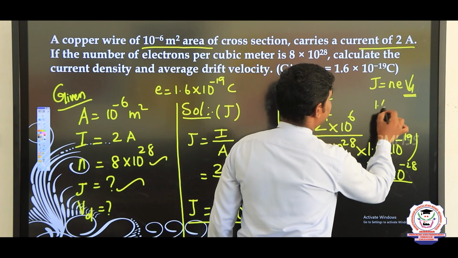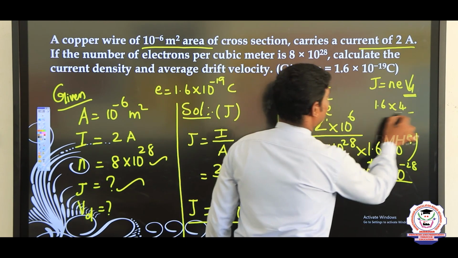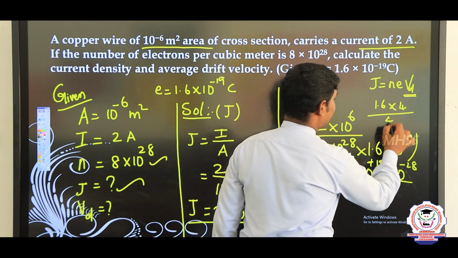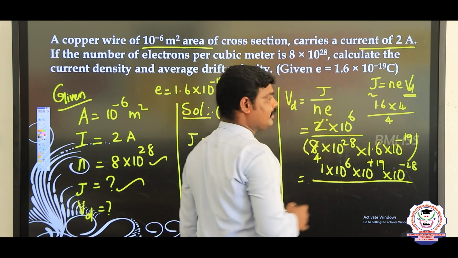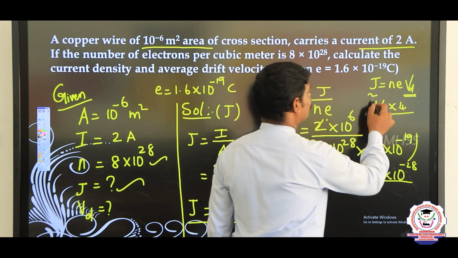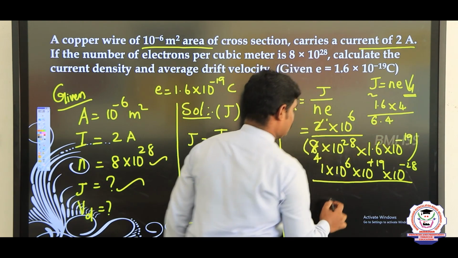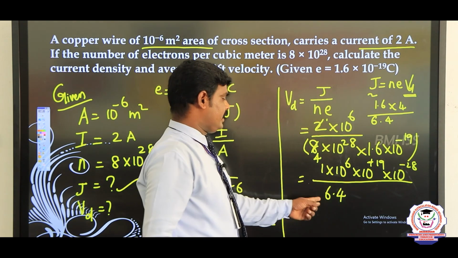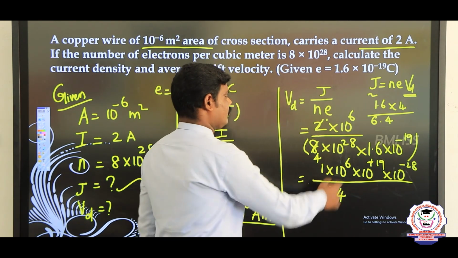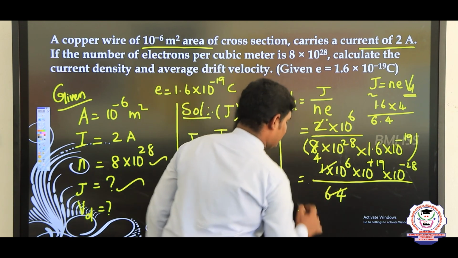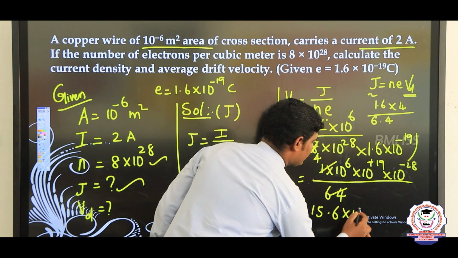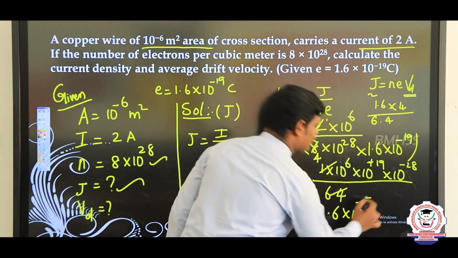So 1.6 into 4, how much? 6 4s are 24, here 2 is remaining. 4 1s are 4 plus 2, 6.4. So 1 divided by 6.4, when these cancel each other, we get 15.6 into 10 to the power minus 5.